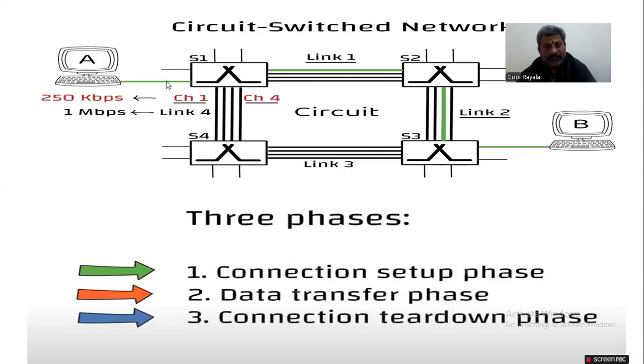Till then, this channel from S1 to S2, the link 1 channel, will be busy. From S2 to S3, the link 2 channel will be busy. Another packet, another signal cannot travel in this line. Okay, this is a dedicated line between A and B unless the connection was terminated.